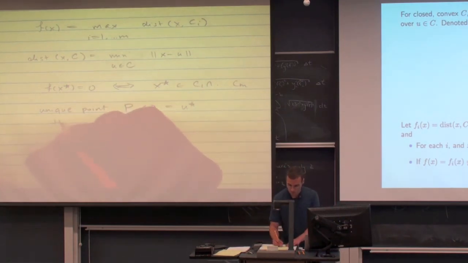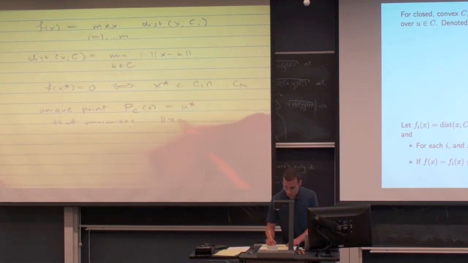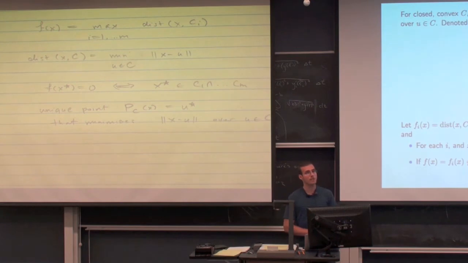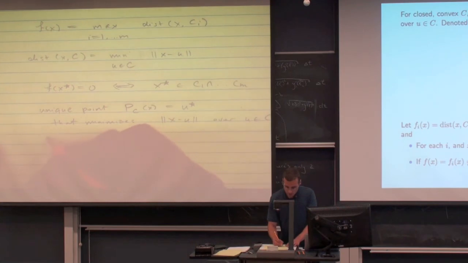So that unique point minimizes the norm of x minus u over u in C. Okay, if C is convex, then there's only one point that can achieve the minimal value here. I'll let you think about why that's true maybe at home on your own time. So we can write the distance between x and C as the distance between x and its projection onto C.